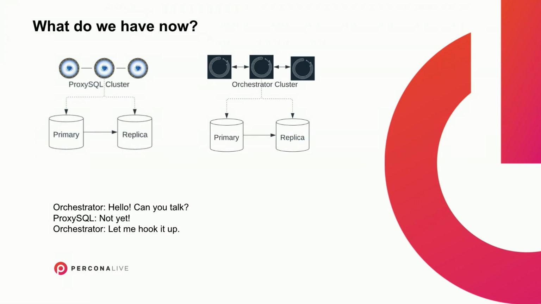So what do we have now? We have a ProxySQL cluster, we have an Orchestrator cluster, we have our database. But does ProxySQL talk to Orchestrator? ProxySQL does not talk directly to Orchestrator. It will only check the read-only variable of the database, and it will place your servers under the host group accordingly.